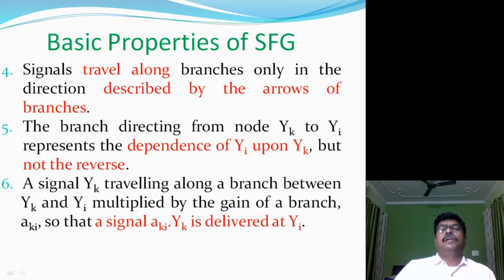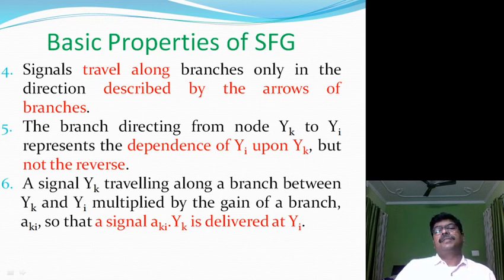Now here you can say if a branch is directed from node k to i, it means dependence of yi upon yk but not the reverse. This is the effect, this is the cause. So this effect is dependent upon the cause.